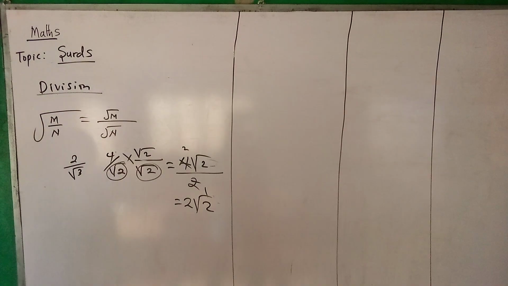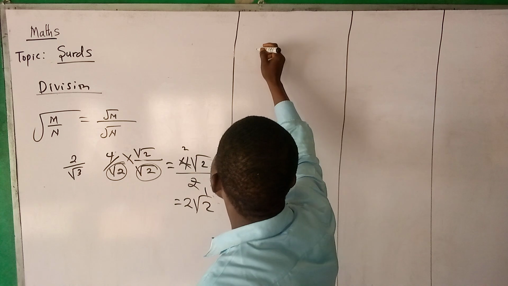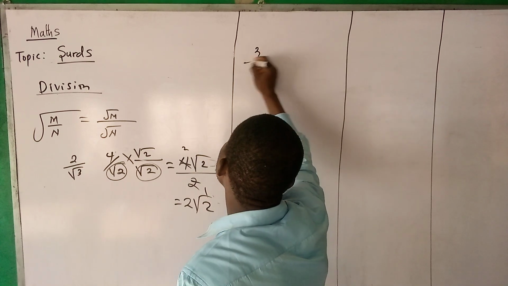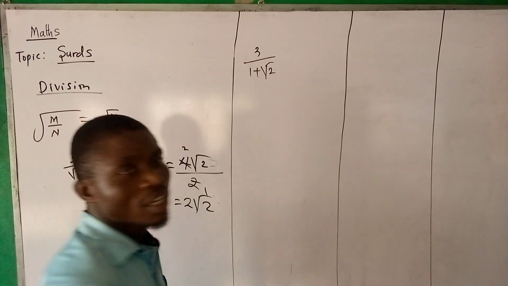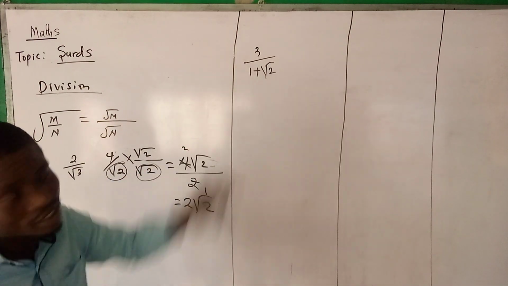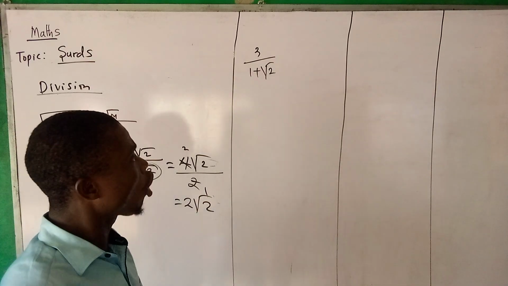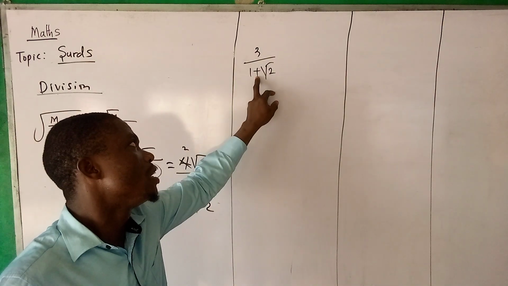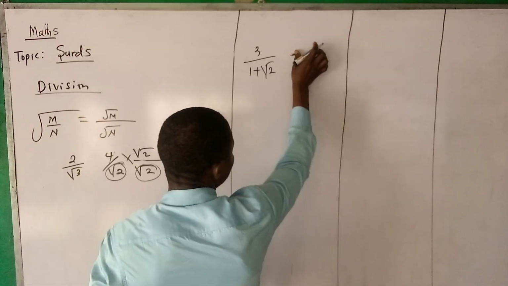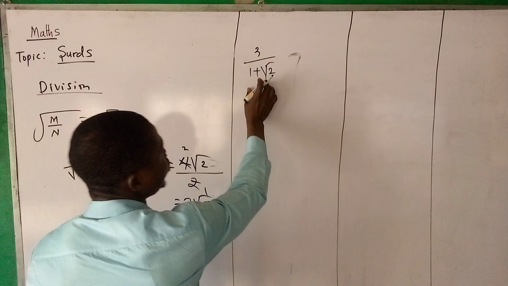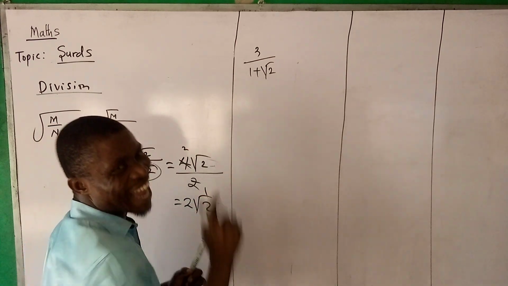Now, look at another case like this. If you have something like 3 all over 1 plus surd 2. This is division, this is a fraction, right? In this case, what you do is that you get the conjugate of this thing. Always note that the conjugate differs from the main surd or term only because of the sign.